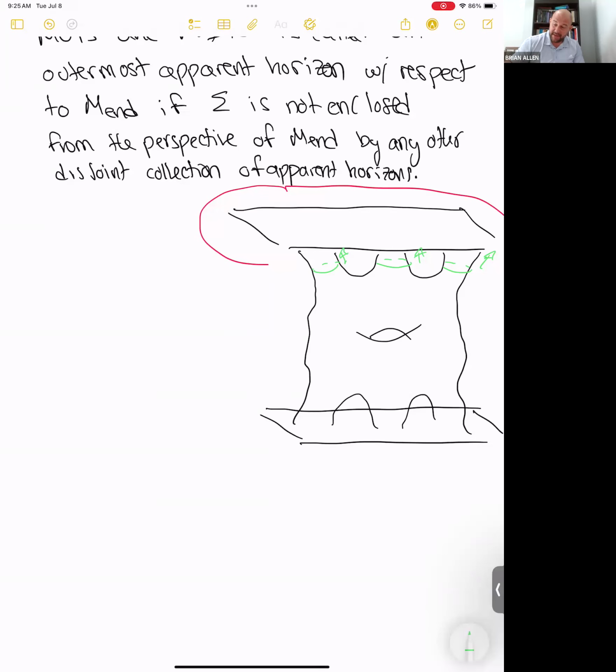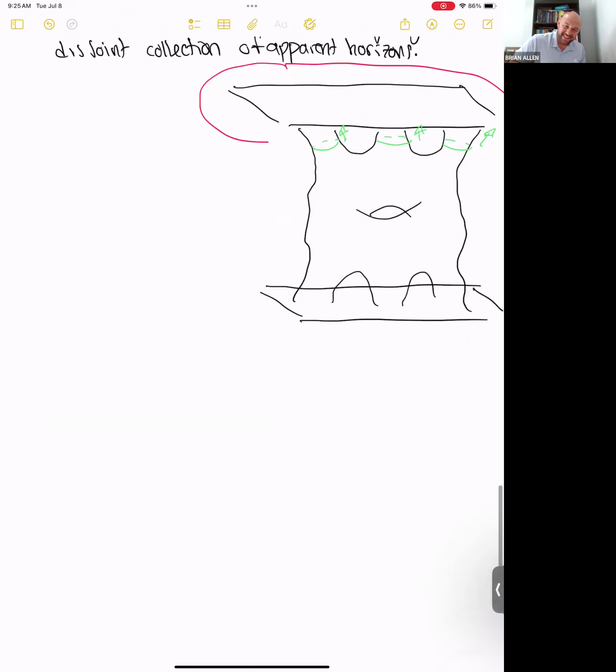And then what's the Penrose conjecture, right? So I'm 25 minutes in and I'm just now getting to a conjecture. So let's see. Here's the conjecture. This is called the Penrose inequality.